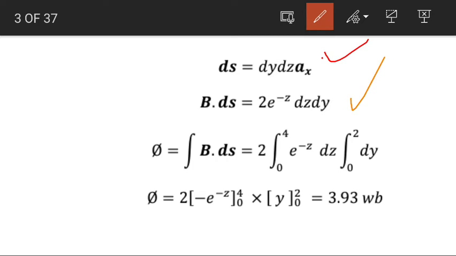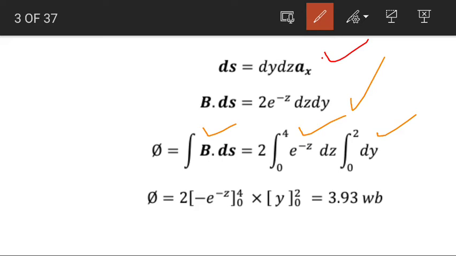We want to calculate the flux. So the flux can be calculated with the help of this integration. The integration of B dot ds gives you the flux passing through this surface in the direction of the unit vector AX. So we have 2, and then we have e raised to power minus Z dz, and then we have the integration of dy.